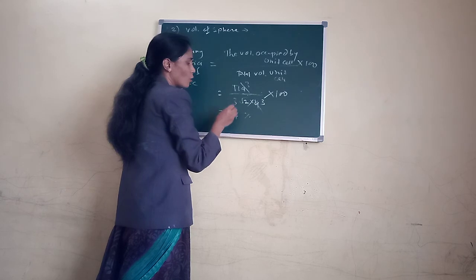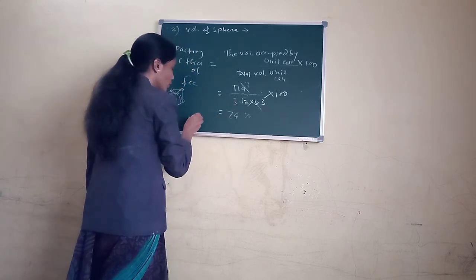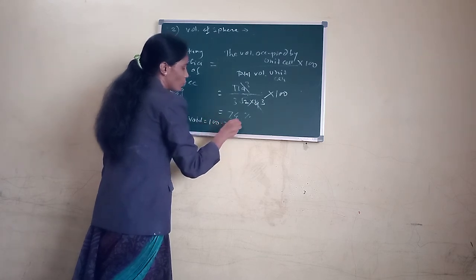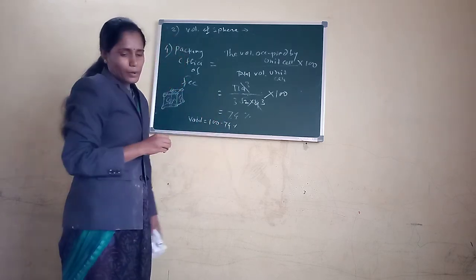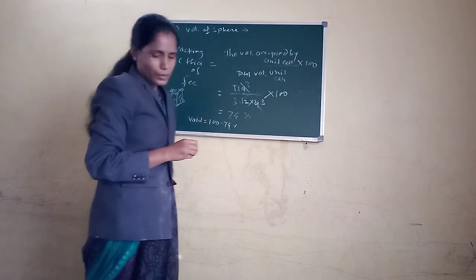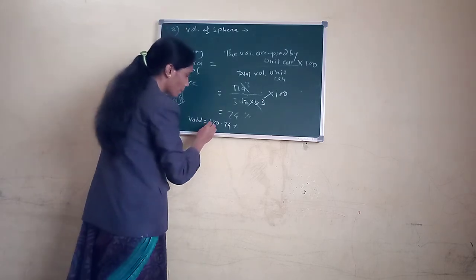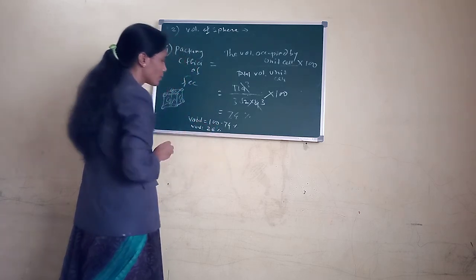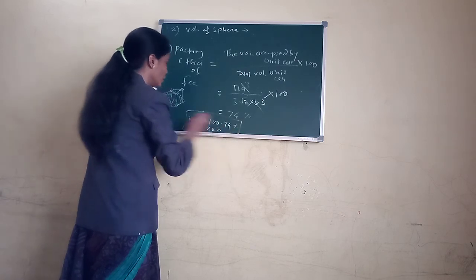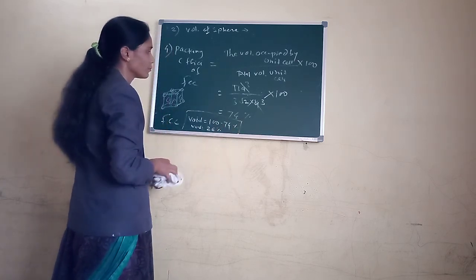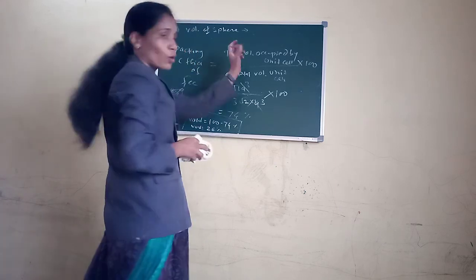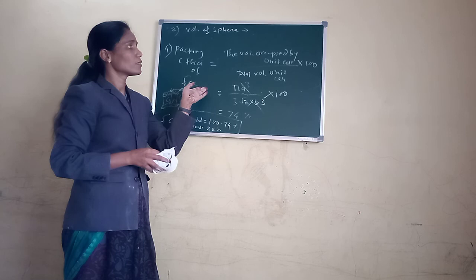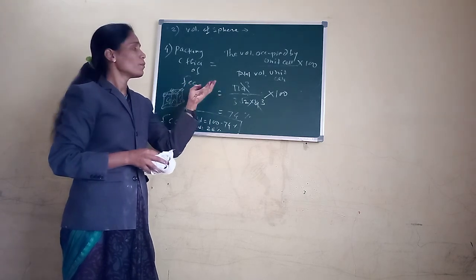The remaining are the voids, meaning empty space: 100 minus 74% gives 26% voids in FCC.